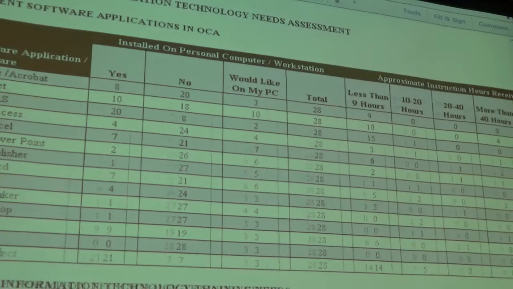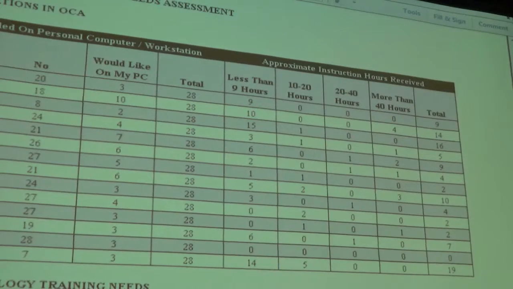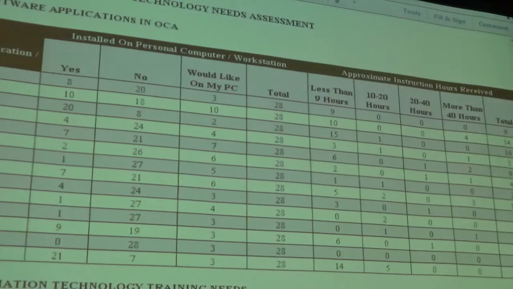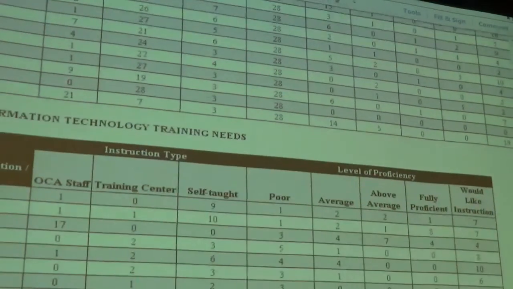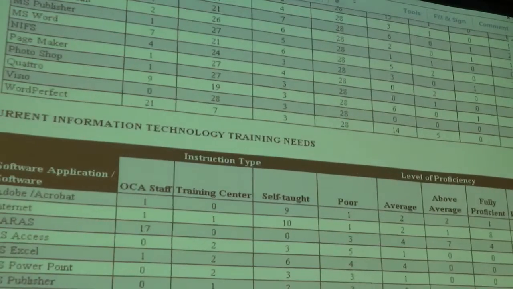You can look at the total number of hours that cut across all of the departments for the whole entire organization, and where the most training is needed for each application of the current process organization. Again, all of this impacts program application.